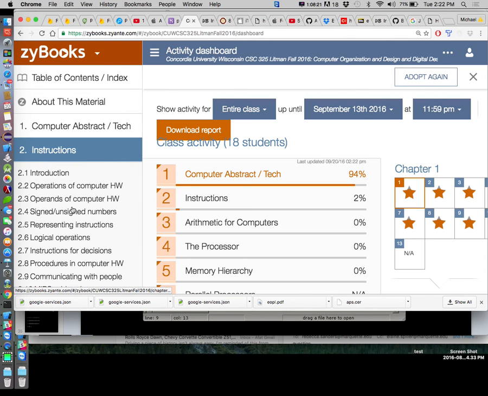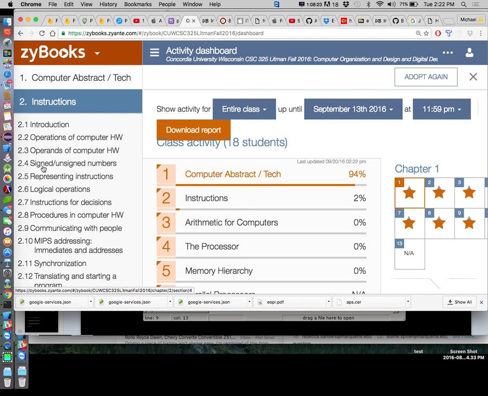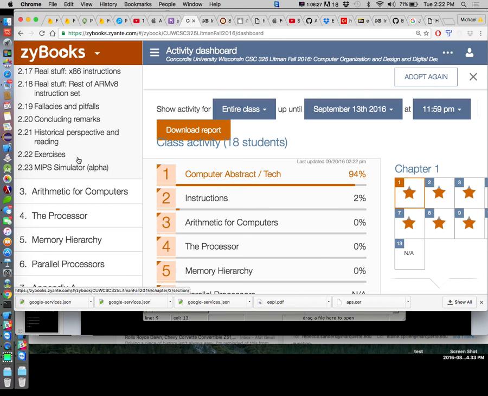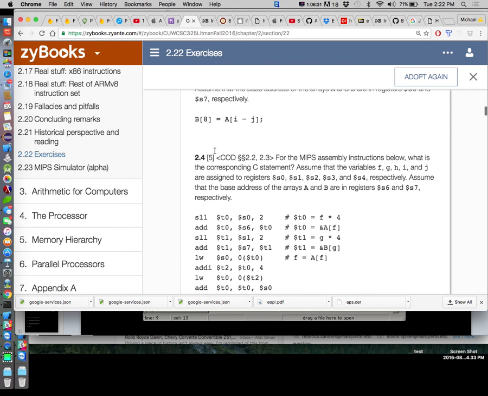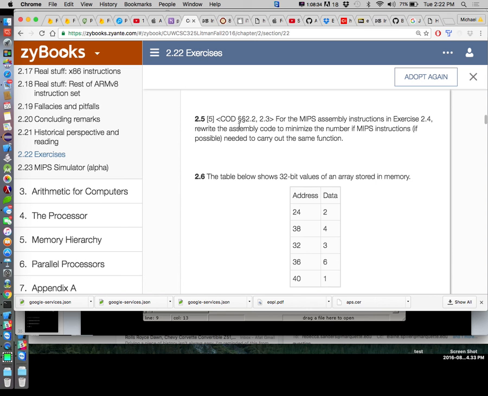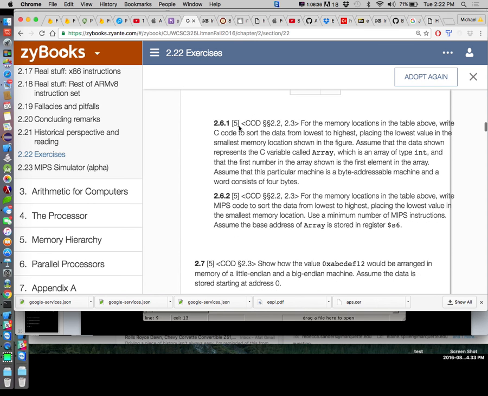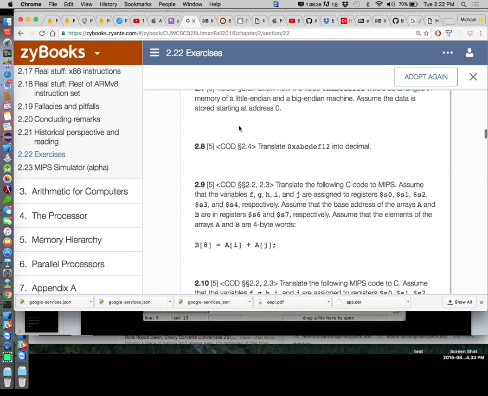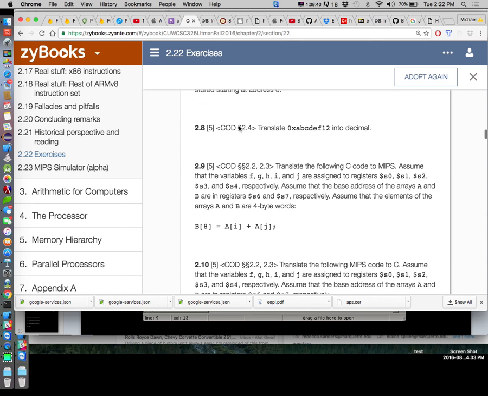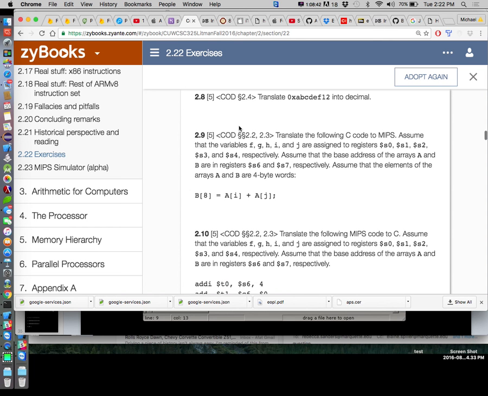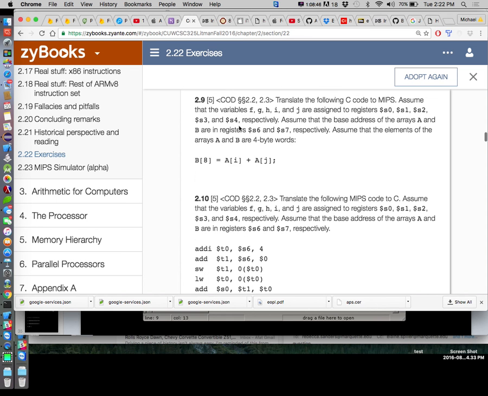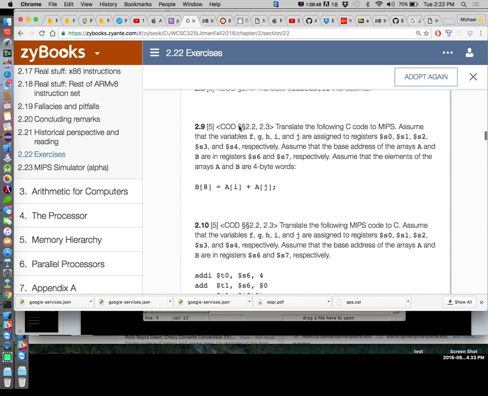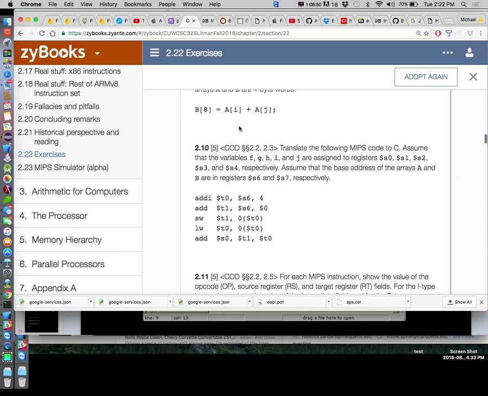Okay, so we want to look at the exercises. All right, so we want to read 2.4, 2.5, 2.6.